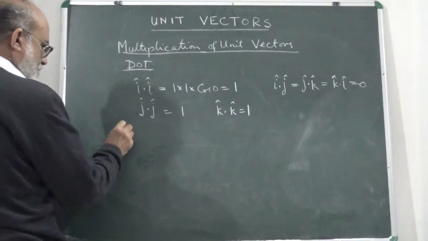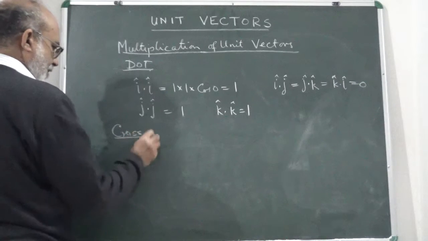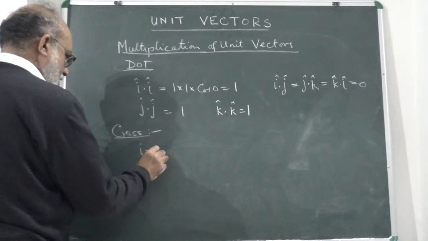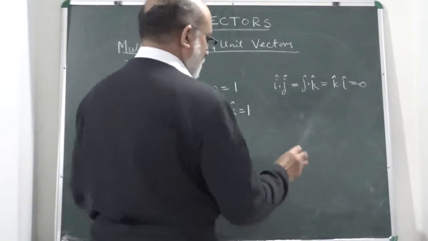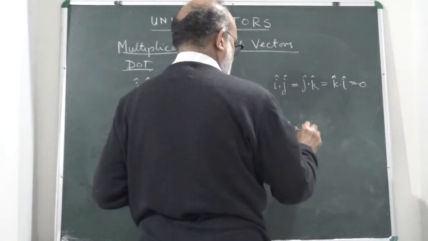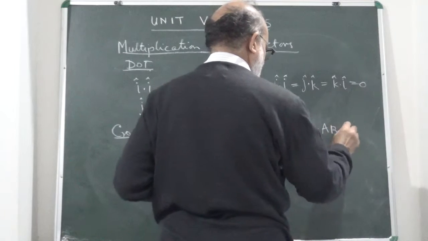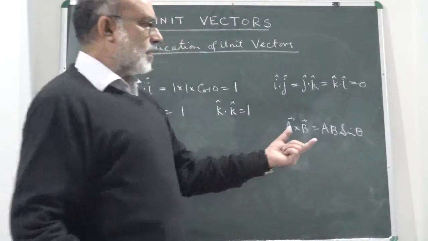Now cross product. Is i cross i. And we know that A cross B is AB sine of the angle between them, and this is a vector.